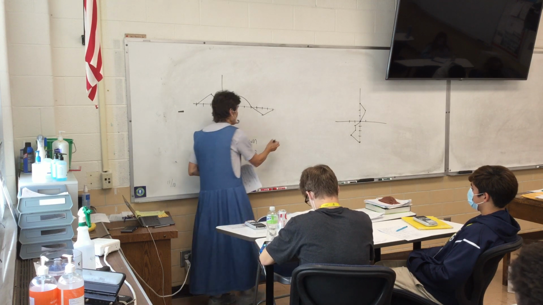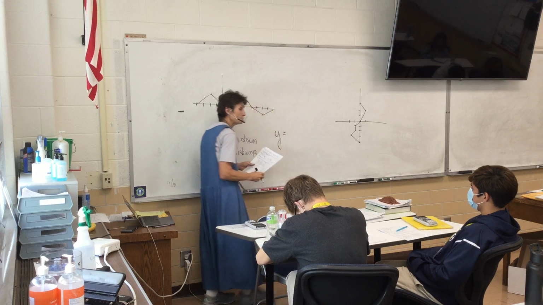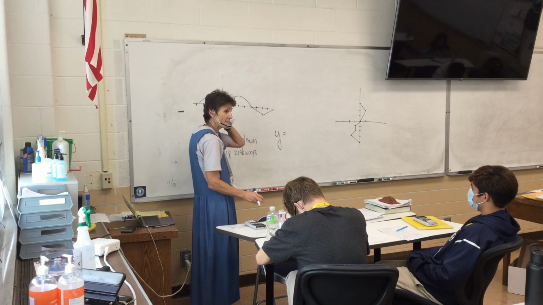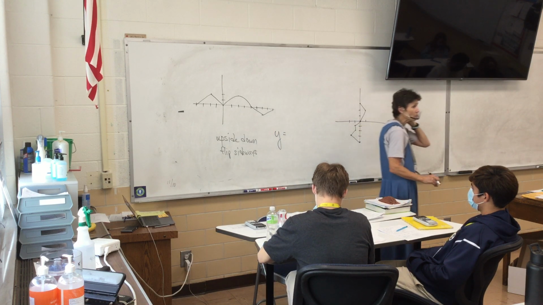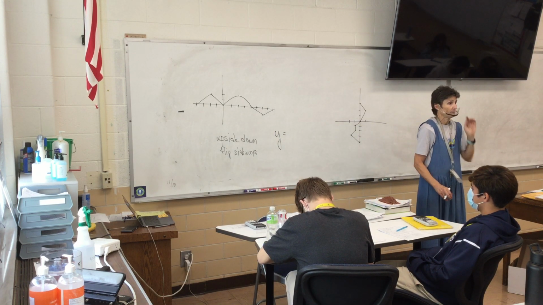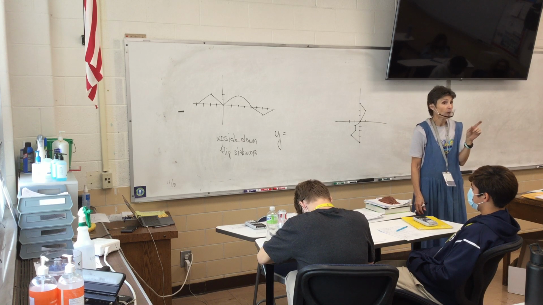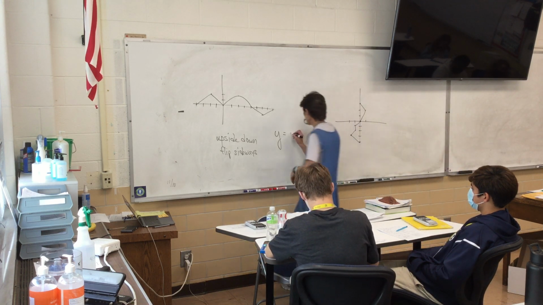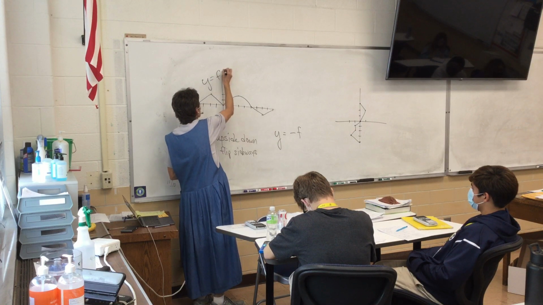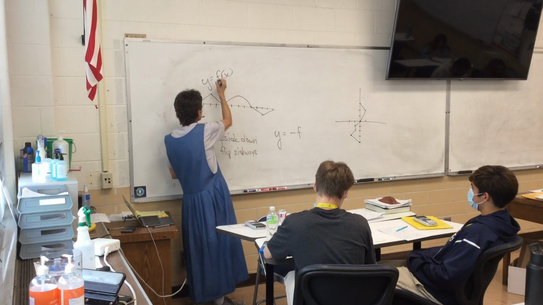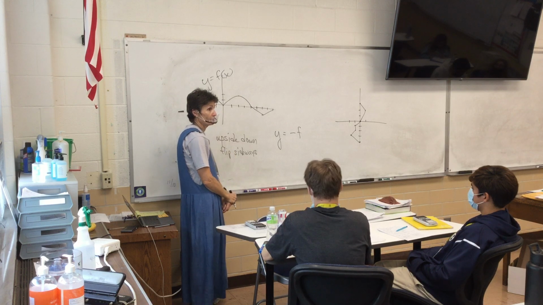So I gotta write an equation now that shows me that I'm upside down and I'm flipped sideways. How do I do an upside down flip? Negative in front of the f. So it's gonna be negative f. This is f of x. I'm turning it upside down, so I'm gonna put a negative in front.